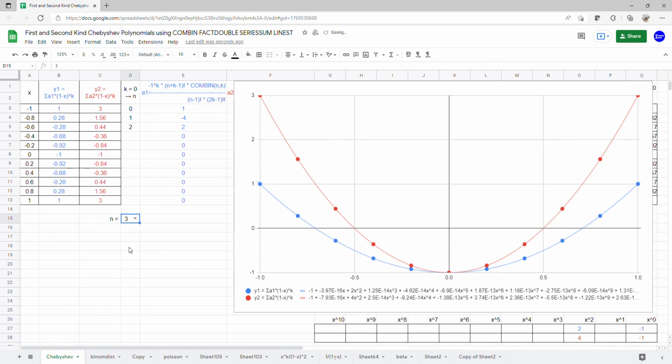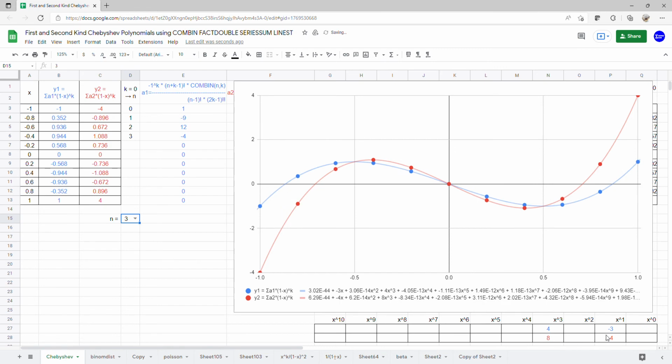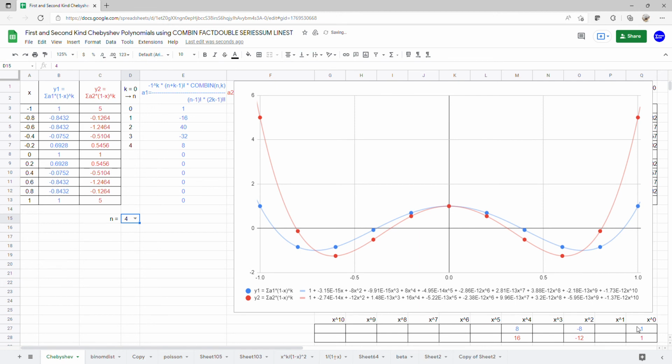Coefficient of x cubed will be minus 3, minus 4, and for x cubed, that's 4 and 8. At n equals 4, x to the 0, that is 1. X squared minus 8, 12. And coefficient of x to the 4th, 8, 16.